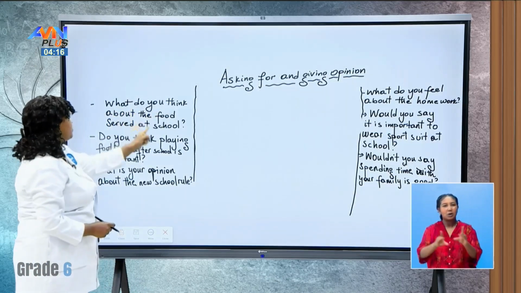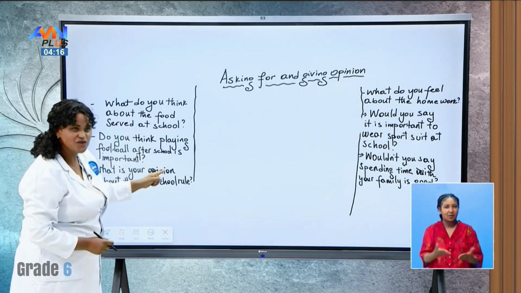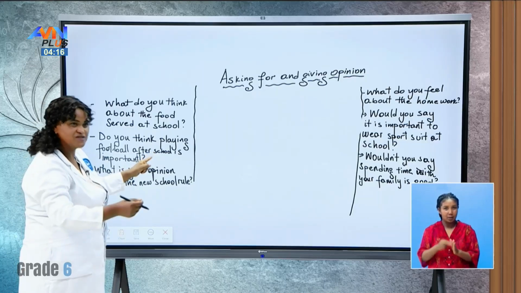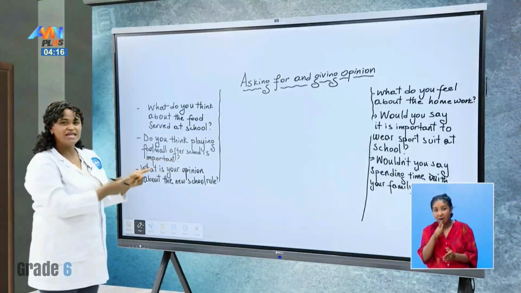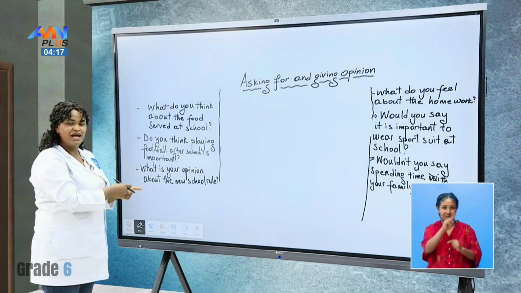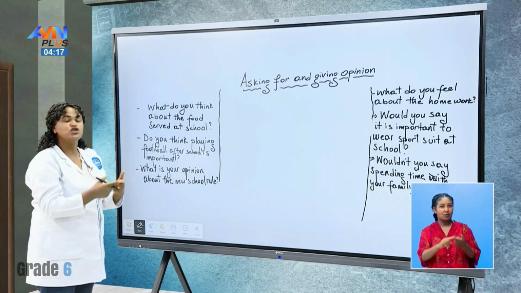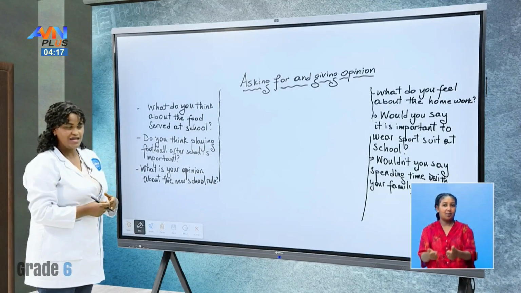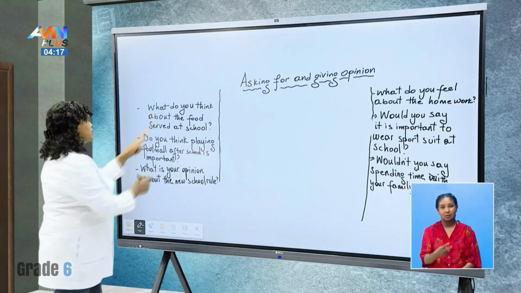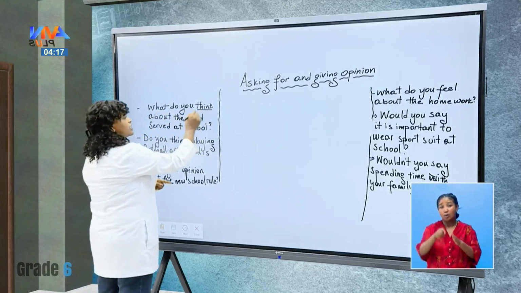What do you think about the food served at school? That means your breakfast and your lunch. You are asking this to your friend. Let's see how your friend could possibly answer. Look at the language pattern. What do you think?